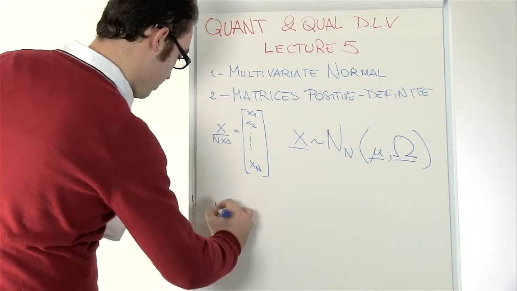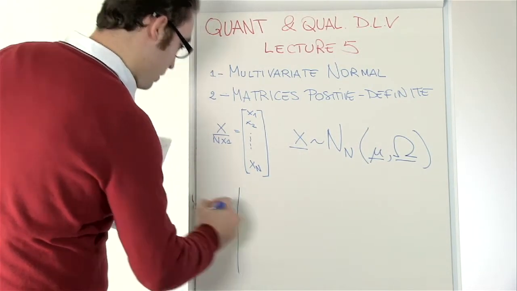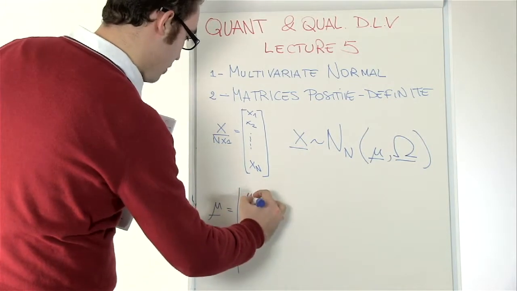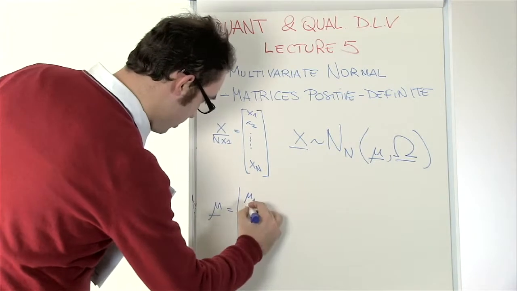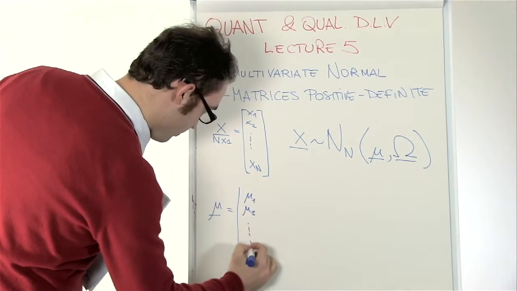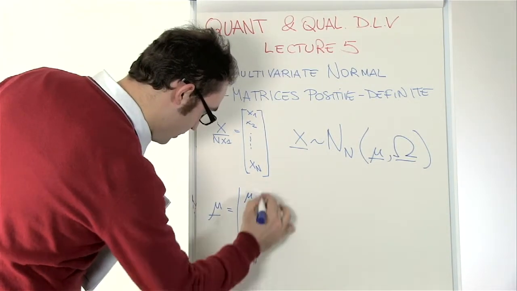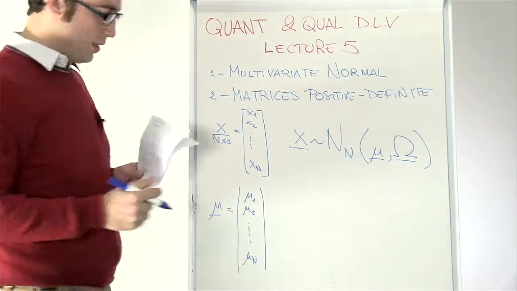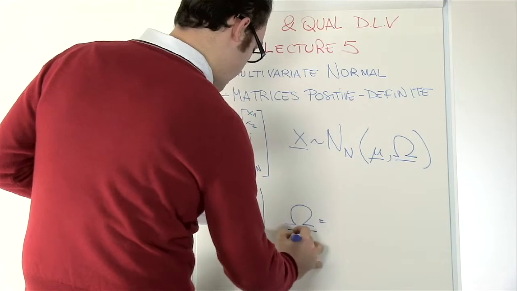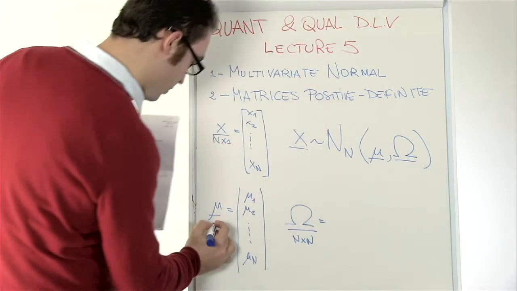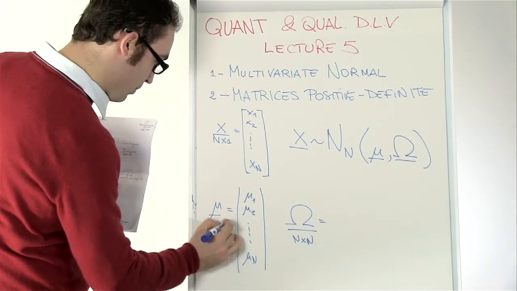Inside mu we put mu1, that is the mean of x1, mu2, mun, and omega is an n by n matrix. This is an n by 1 vector.